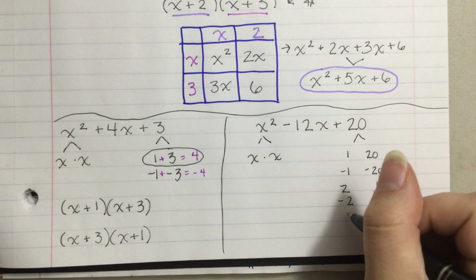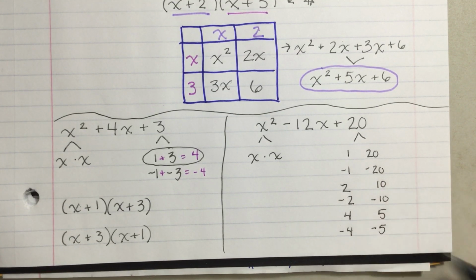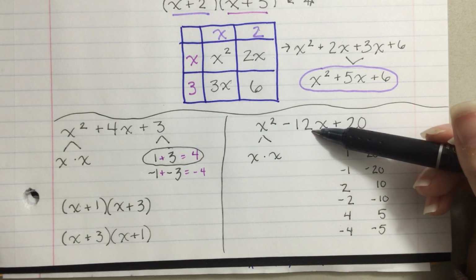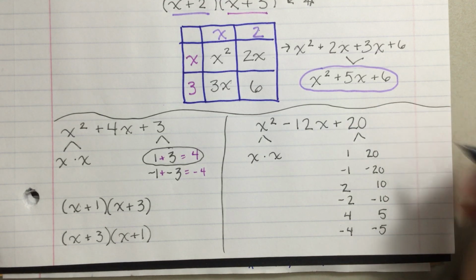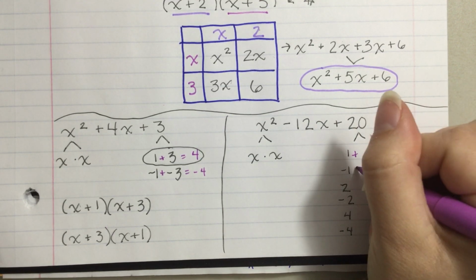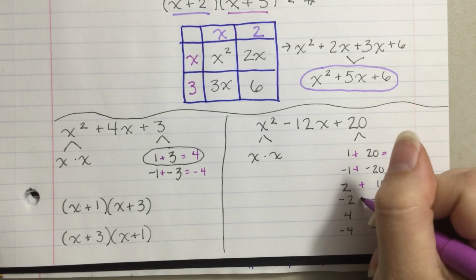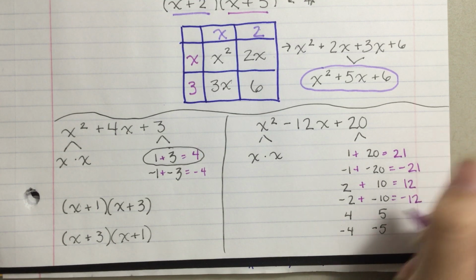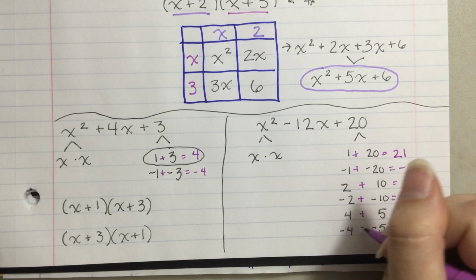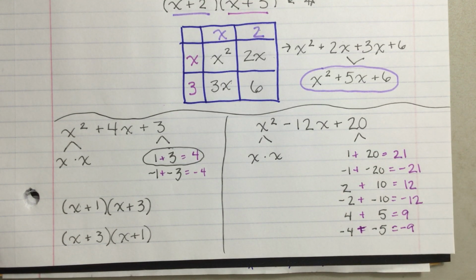I have 4 and 5, and -4 and -5. Now, that's a lot, all right? But basically what we need to do is figure out which one has a sum of -12. So if I were to add each of these together, okay, we do end up with one that has a sum of -12, and it's going to be these two.